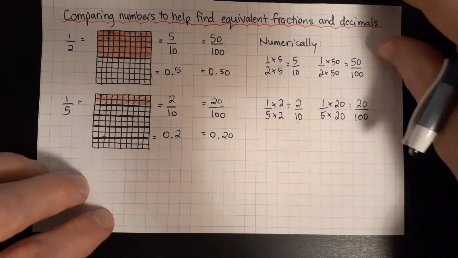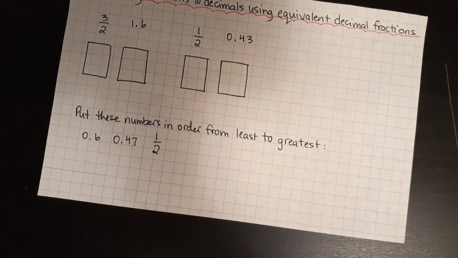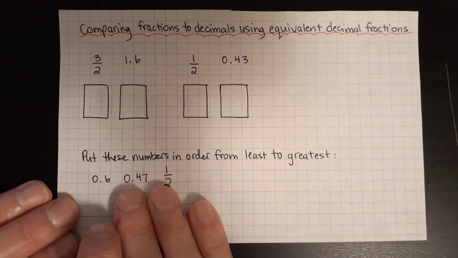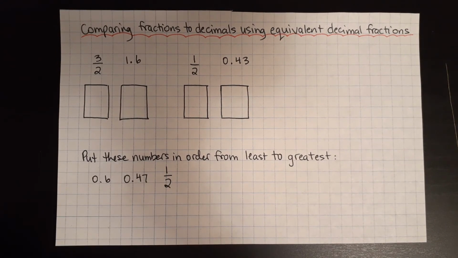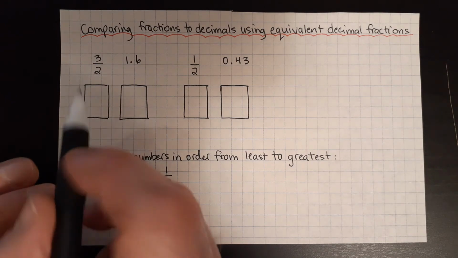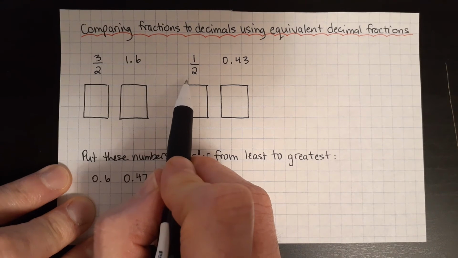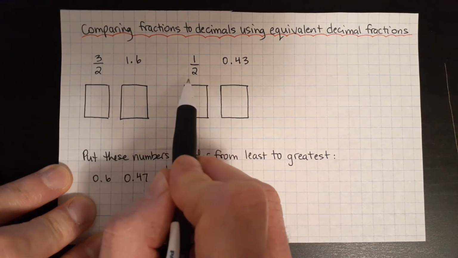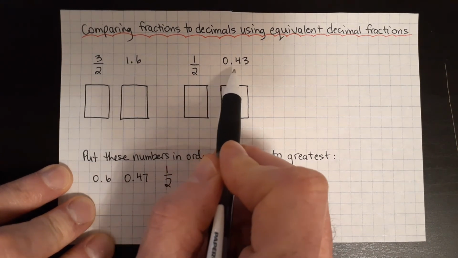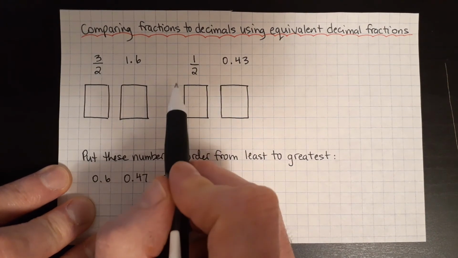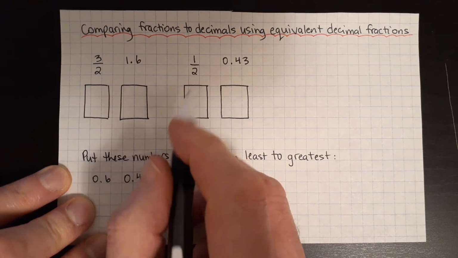So that's going to come in handy in just a second as well for our last thing here. The last thing I want to show you is comparing fractions to decimals using equivalent decimal fractions. And so I'm actually going to do this one first, because I want to figure out which of these two fractions is bigger. What I'm going to do is convert both of these numbers, the fraction and the decimal, to fractions over 100.